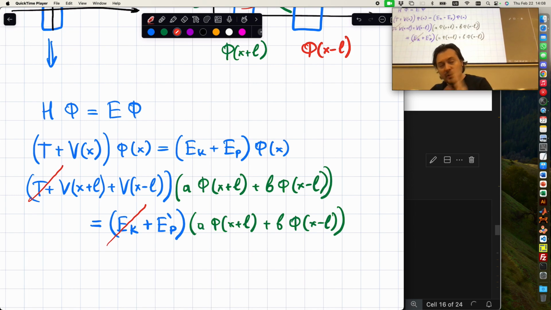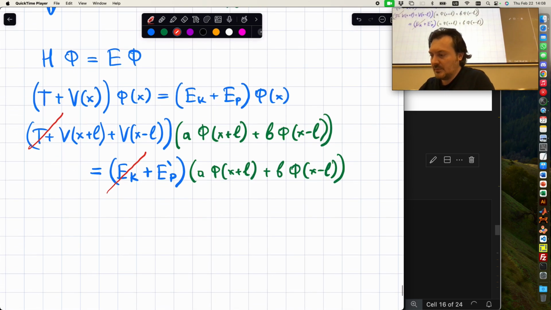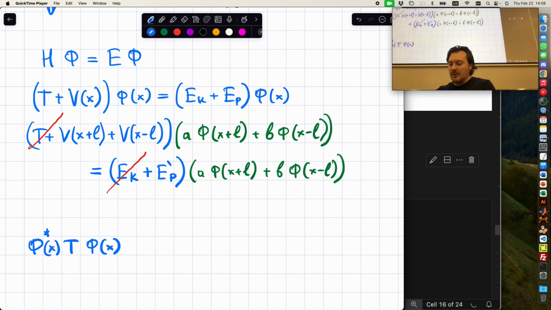What cancels out is this. If I do psi(x) star T psi(x), actually, let me put a dagger here. Do you understand what's going on here? Sort of. Yes, this is a scalar.